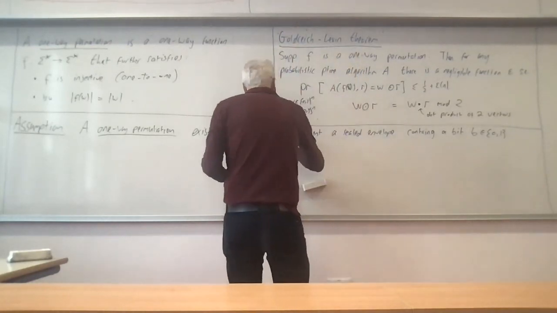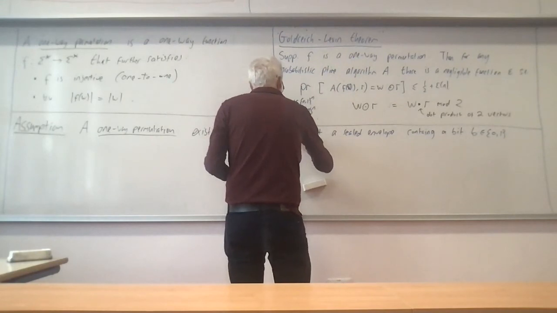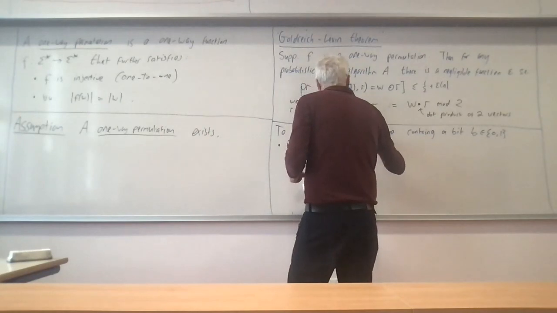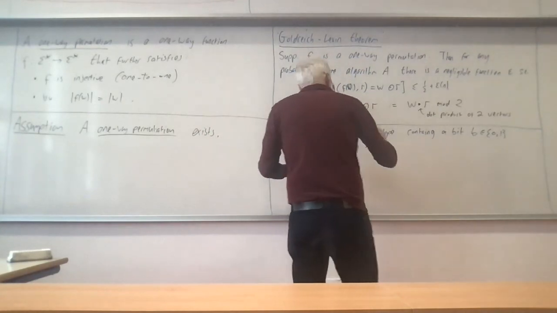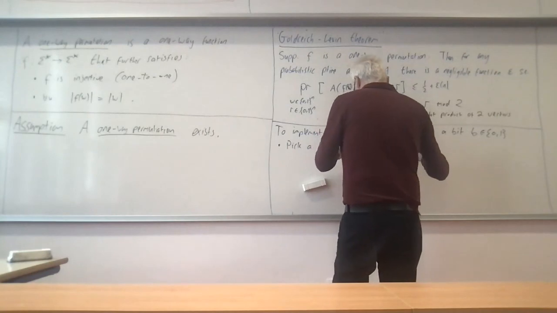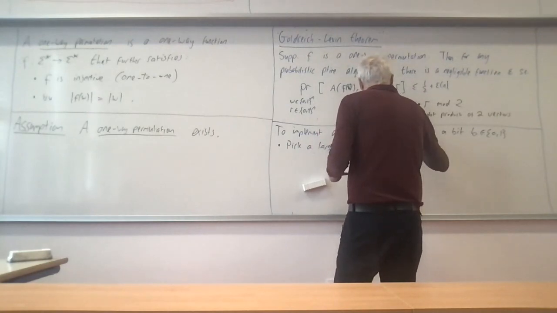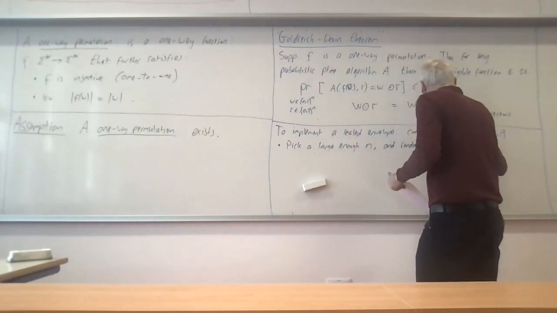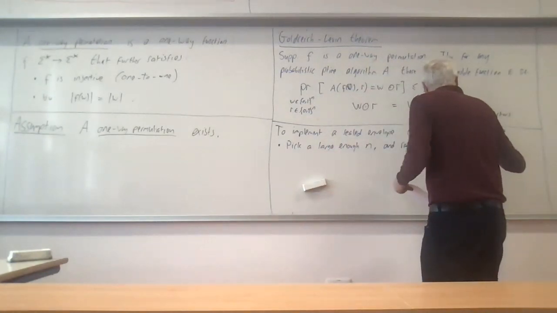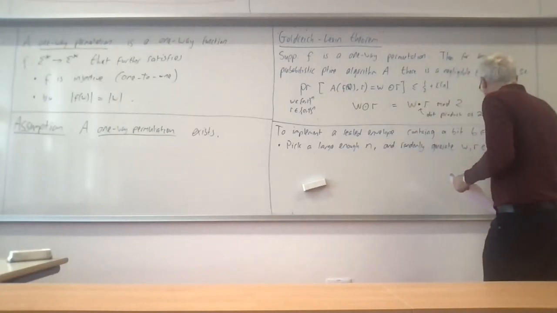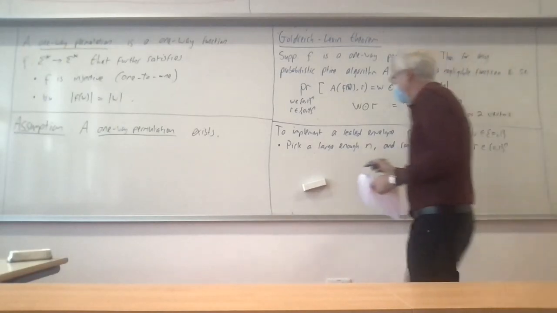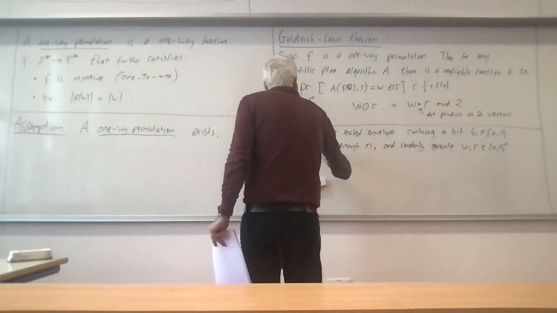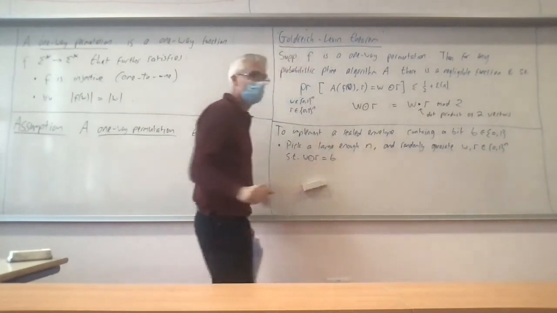So what we do is we pick a large enough n. I'm not going to talk more about what that means. Then we randomly generate w and r, bit strings of length n, such that the dot product is the bit that we're trying to hide.